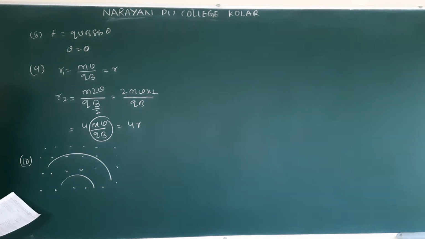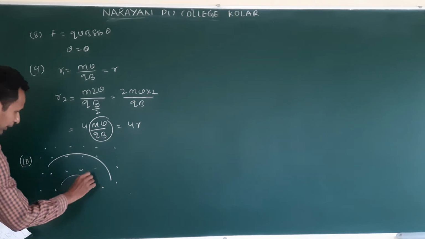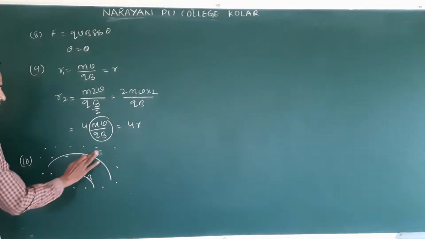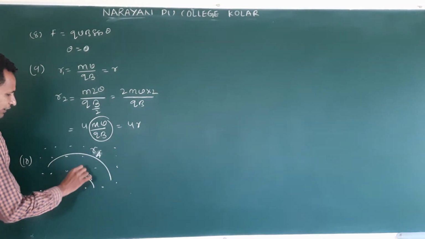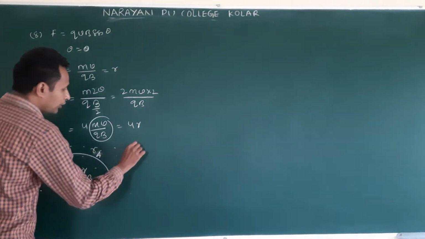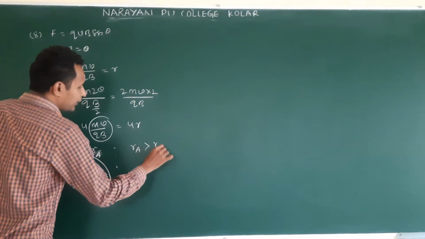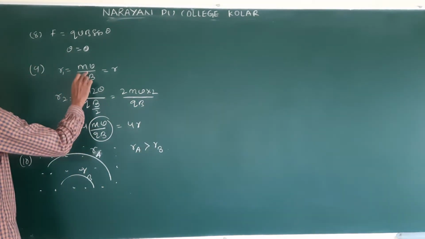They gave a graph, and that means the magnetic field is moving into the page. These are the radii. This is B's radius, this is A's radius. So take it as RA and this is RB. Which radius is bigger? RA is greater than RB. What is the R formula?